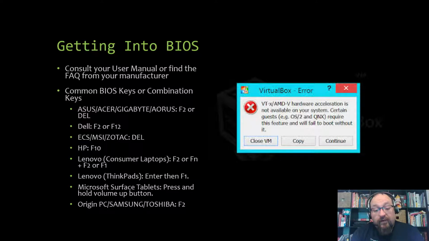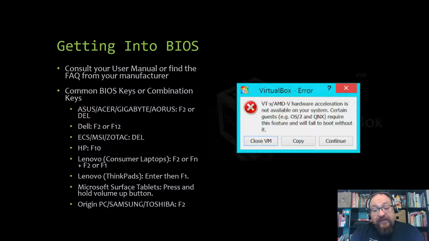They all run the gamut as far as F2, F10, F12, Delete, Escape. Some Lenovo laptops have a BIOS button specific to Lenovo, of course. There are some combinations and some other ones, but for the most part, it's F2, F10, F12, and we get into our BIOS settings.